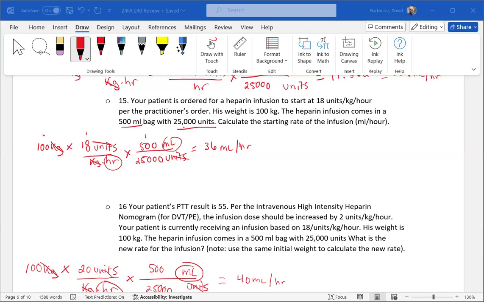Perfect. So what I'm going to do is give you two scenarios here.